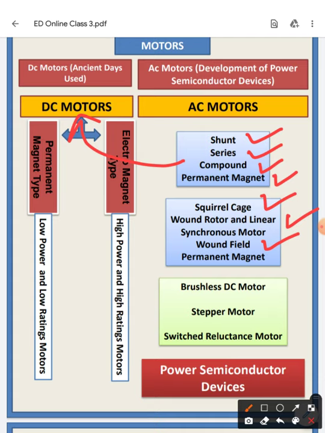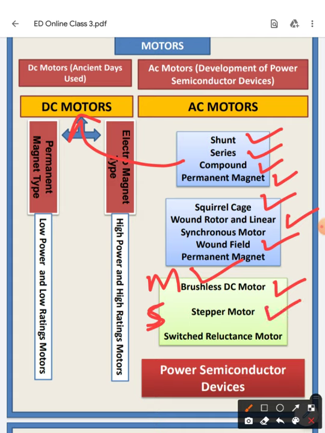And now we are dealing with some new kinds of DC motors, which is called brushless DC. The brushless DC motor has less maintenance cost, and it is a soundless machine; we can start these motors without noise.